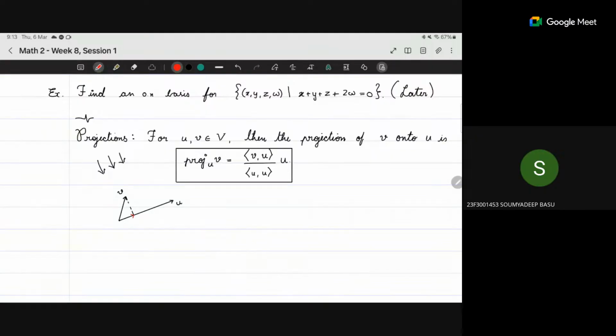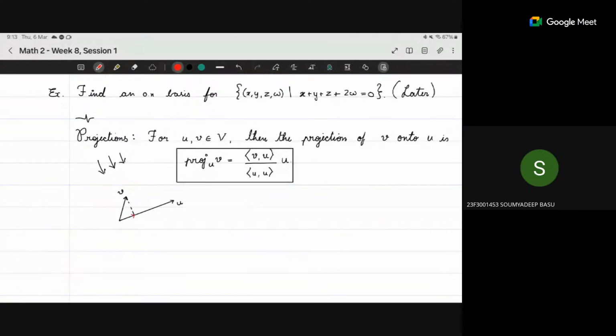You can think of it as the shadow of the vector onto this. Of course, in R2 maybe this still makes sense. In abstract vector spaces it doesn't, but this is what you have to visualize it as. This vector with the red arrowhead is called the projection of v onto u.